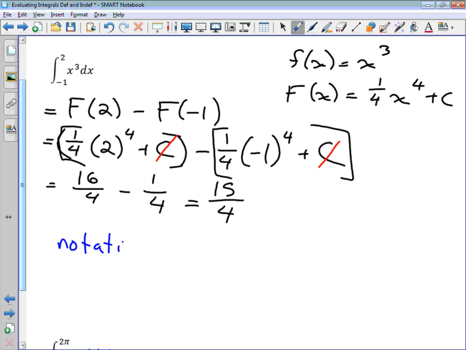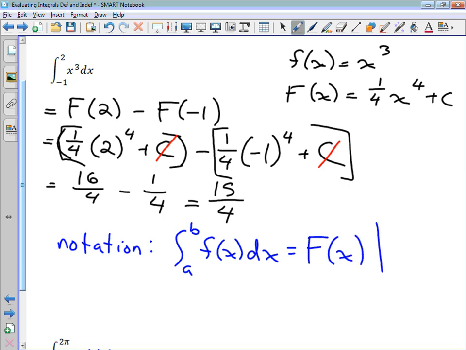What we often say is that the integral from a to b of f of x dx is equal to the antiderivative, and then we use this vertical line here, which means it's evaluated at the endpoints.